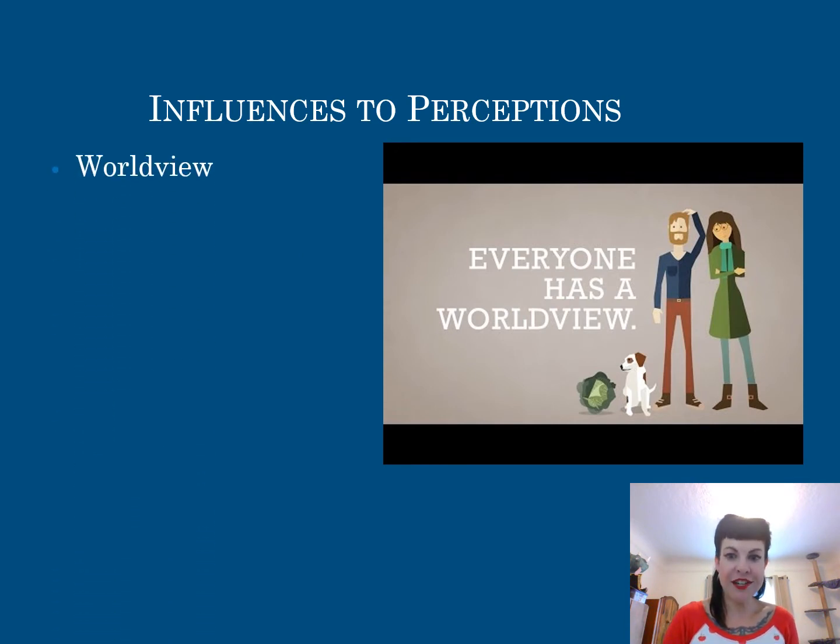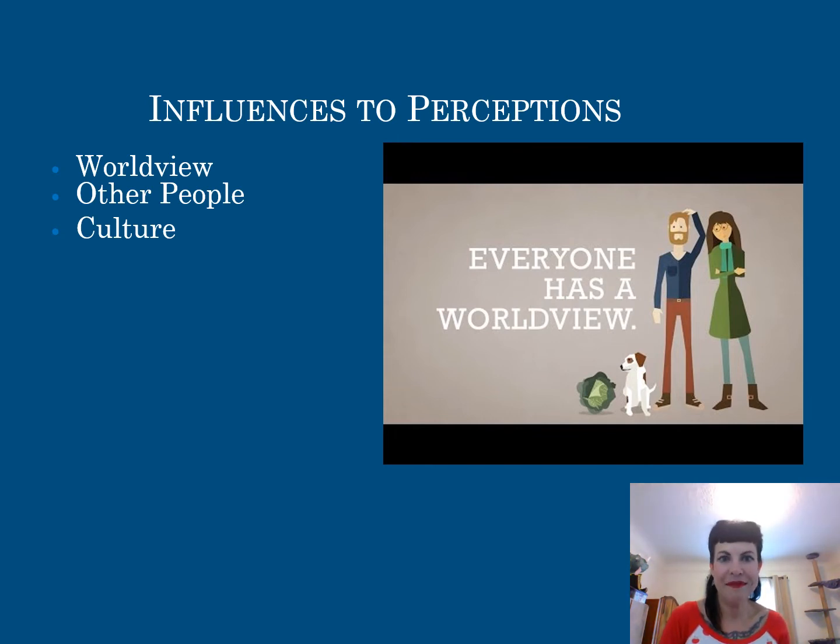Okay, so we already mentioned worldview. We have a few other things that also influence our perceptions. Other people can make us see or think or believe something because we trust them, especially significant others or our friends, even people that we don't know, like online, a person might have a similar idea to us, and so since we trust ourselves, we trust them.